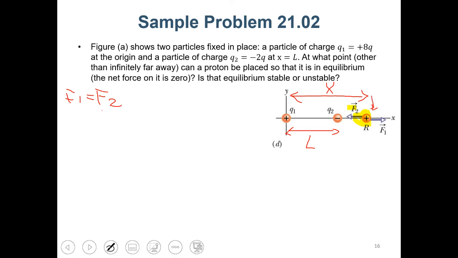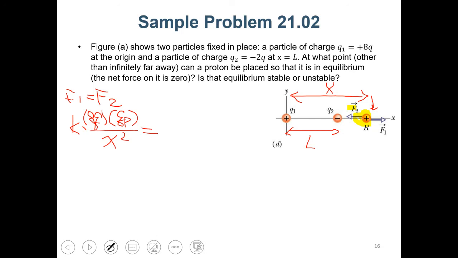So that we can have K times 8Q, which is Q1, and then the charge, we don't know actually the amount, so we call it QP, and then the distance between Q1 and R is x, so x squared.